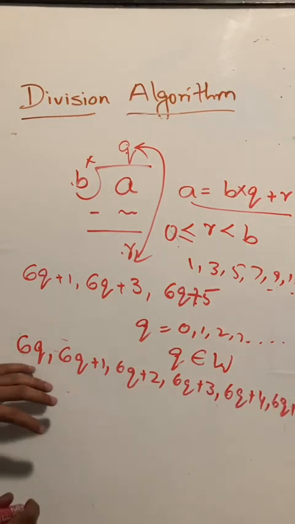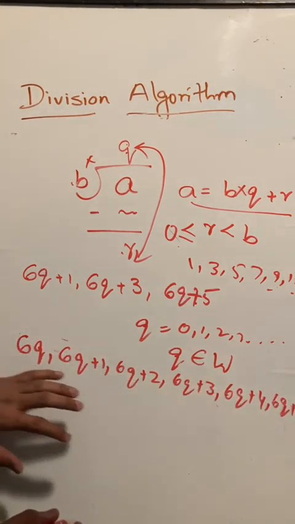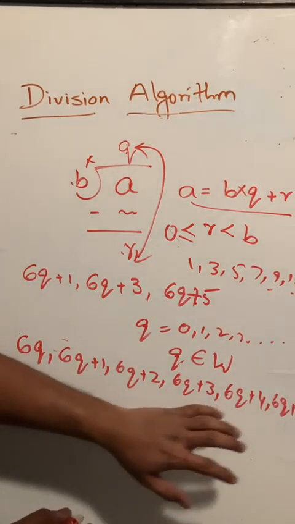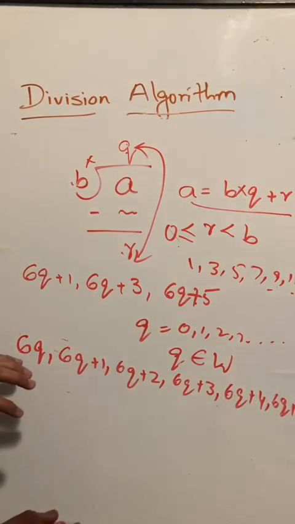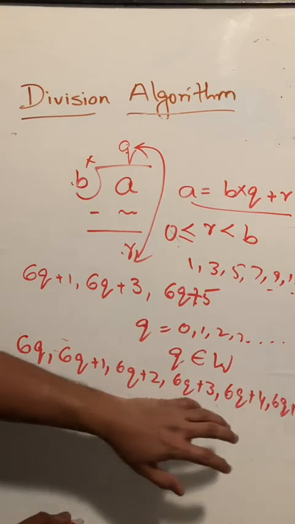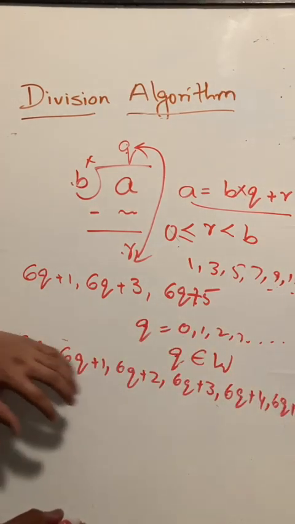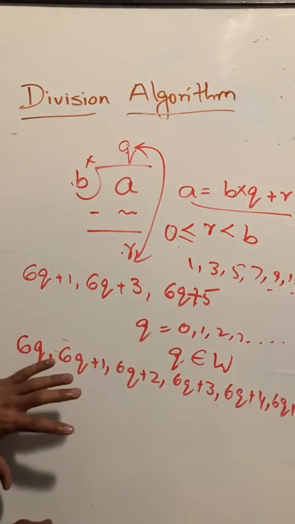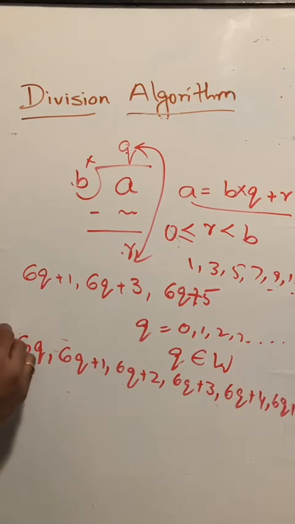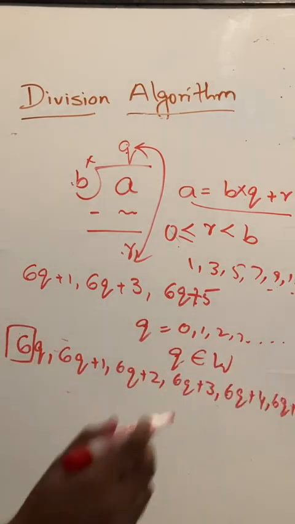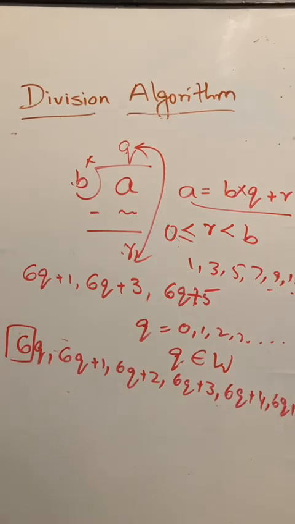If I put 0 everywhere, it will give 0, 1, 2, 3, 4, 5. If I put 1, I will get 6, 7, 8, 9, 10, 11. So any integer, if we divide by 6, will be in one of these forms. Okay, nice.